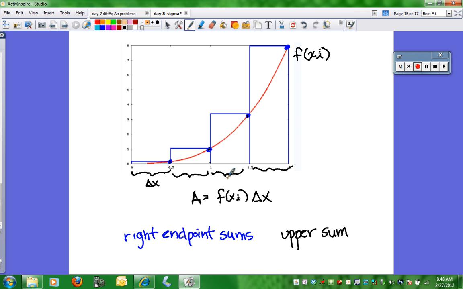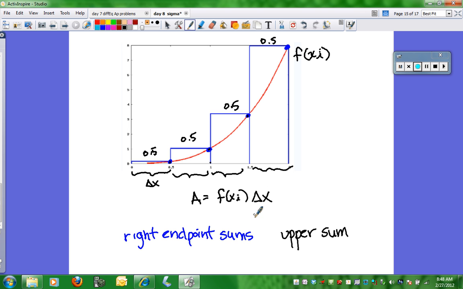In all the cases, the width remains constant; here, our width is 0.5 for each one. Then they would calculate each length by evaluating the function, whatever the function may be, multiply, and add them all together.